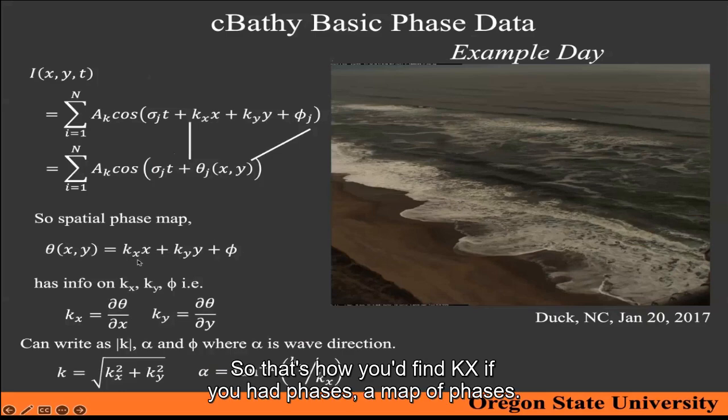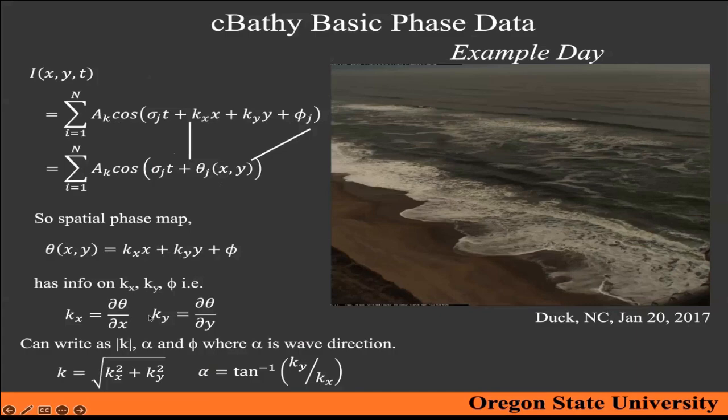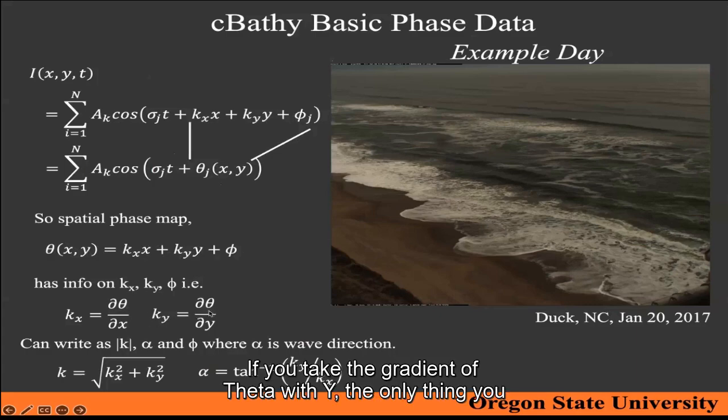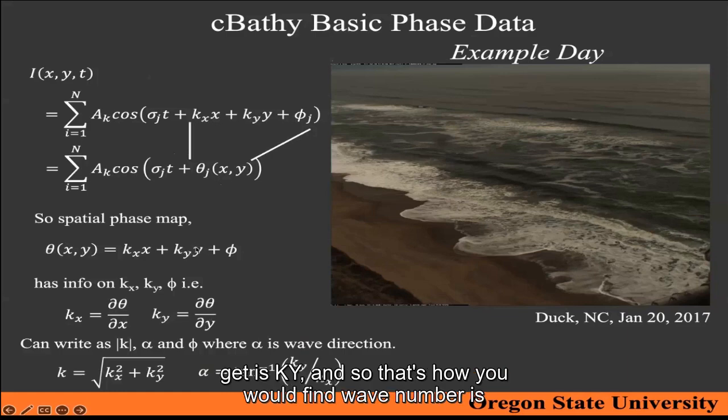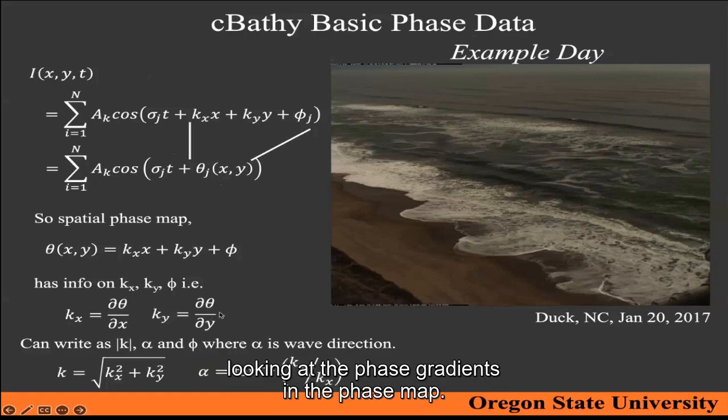So that's how you'd find kx if you had a map of phases. If you take the gradient of theta with y, the only thing you get is ky. And so that's how you would find wave number, by looking at phase gradients in a phase map.